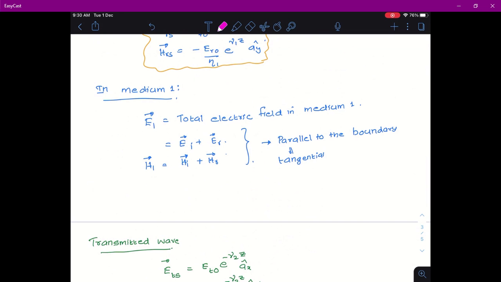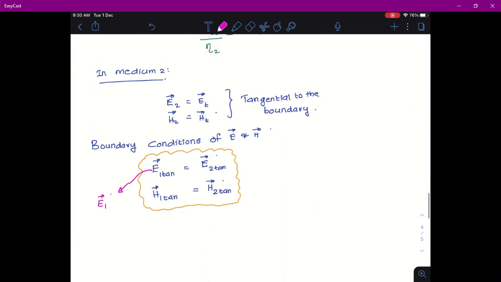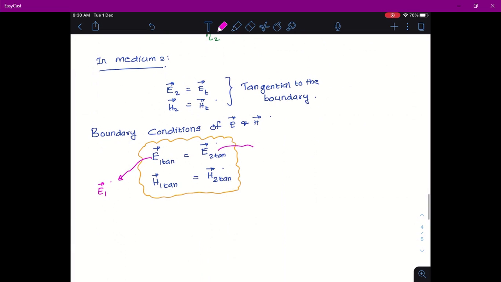The total electric field in the first medium, the sum of incident and reflected wave, is parallel to the boundary, which means it is the tangential component. Similarly, in the second medium, the tangential component is ET, and H1 tangential is H1 itself, and H2 tangential is H2 itself.